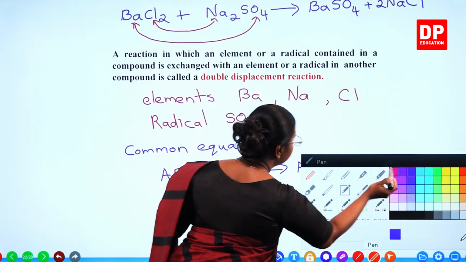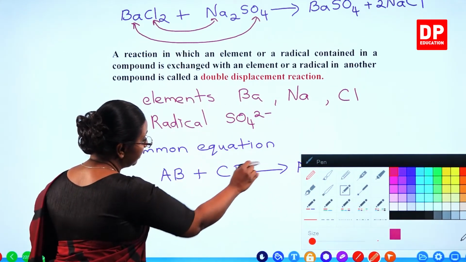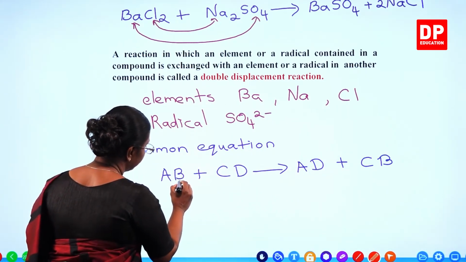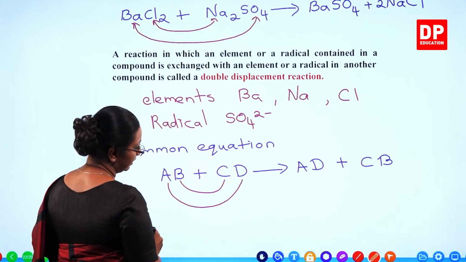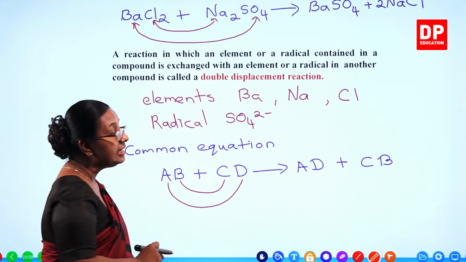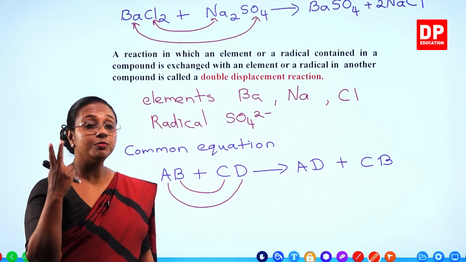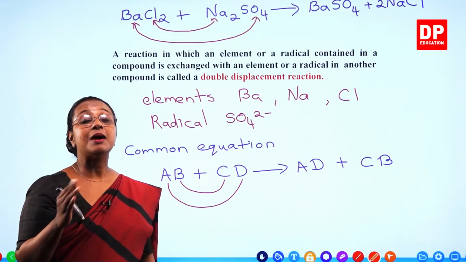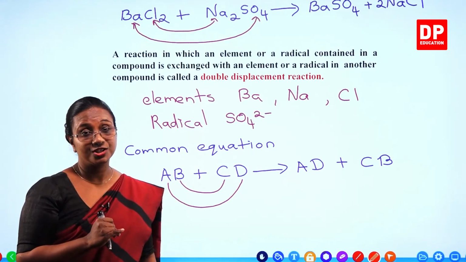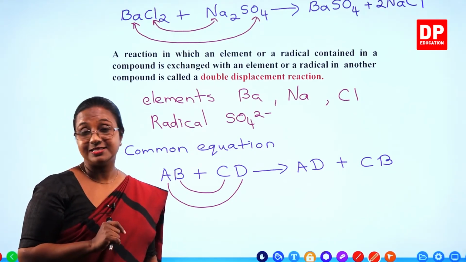So like in the previous one, if I show the combination, here you can see B and C combine, A and D combine. So they displace each other, but both displacements take place. Therefore, we call it a double displacement reaction. I am sure you all can understand that.